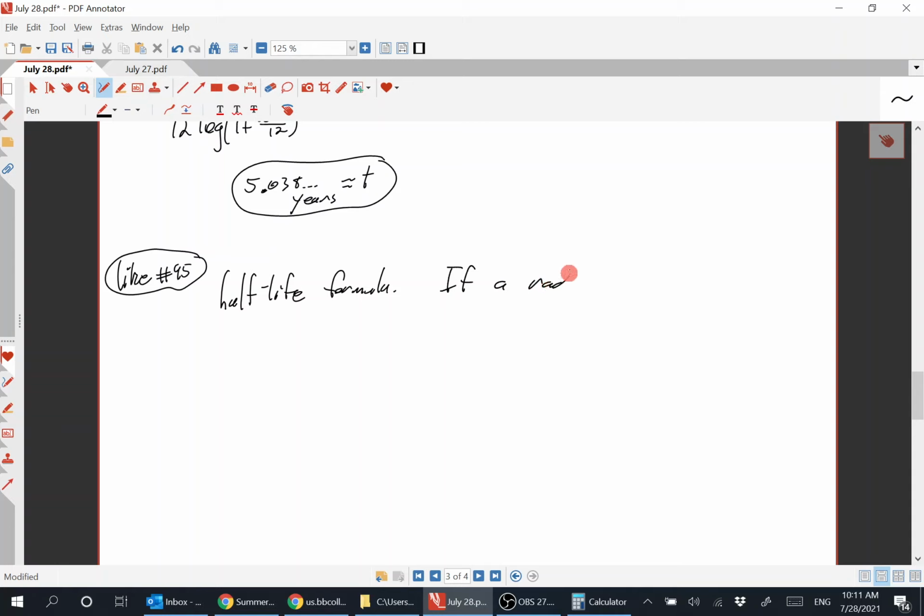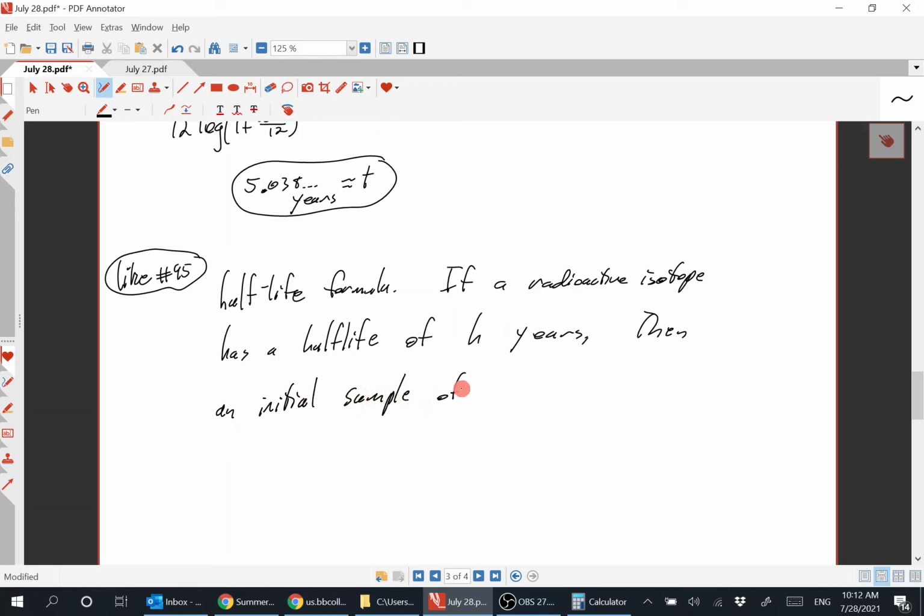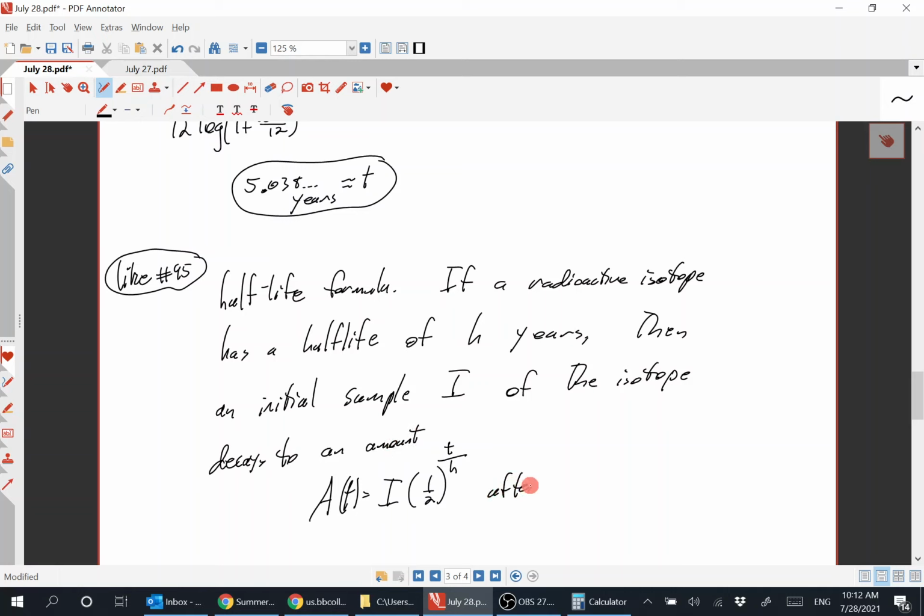If a radioactive isotope has a half-life of h years, then an initial sample I of the isotope decays to I times 1/2 to the t over h, where h is the half-life, to an amount this much after t years.